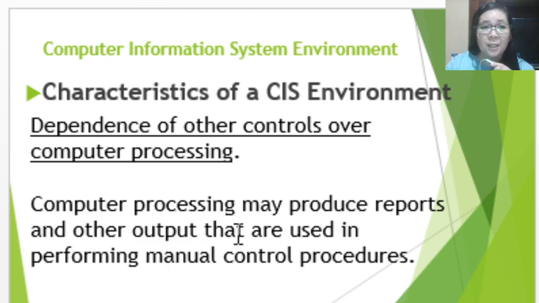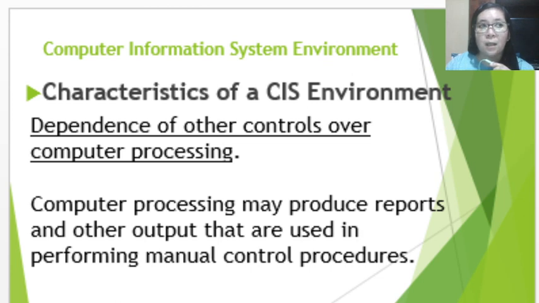Another characteristic is dependence of other controls over the computer processing. Computer processing may produce reports and other output that are used in performing manual control procedures. Here, this computer processing is incorporated in the manual control procedures as their internal control.